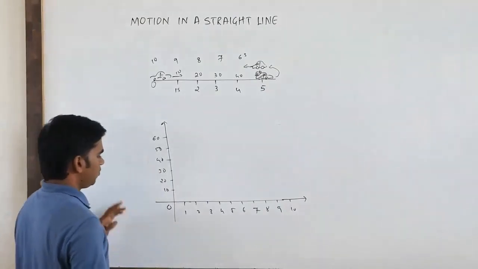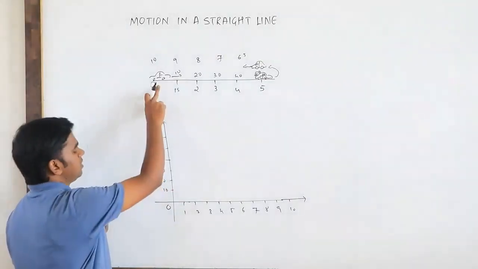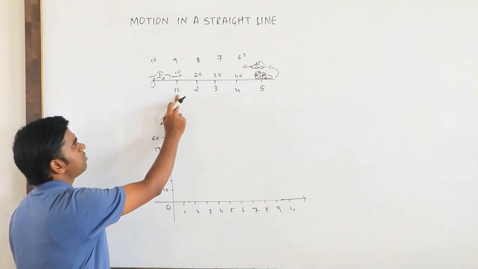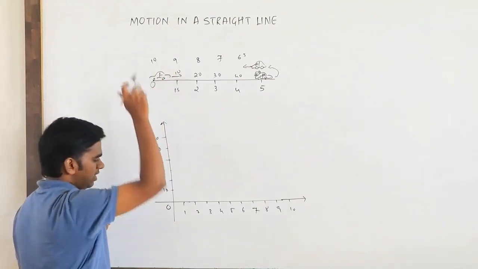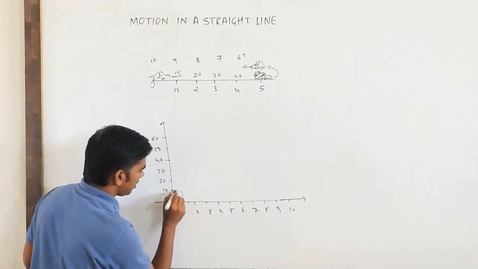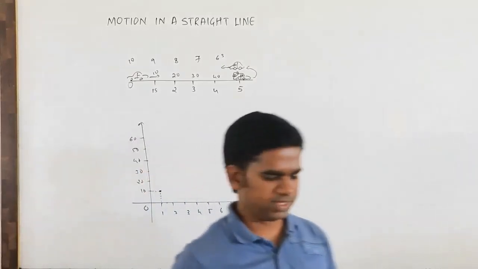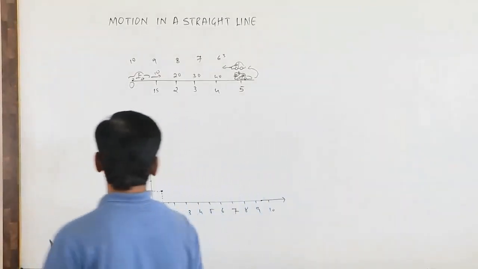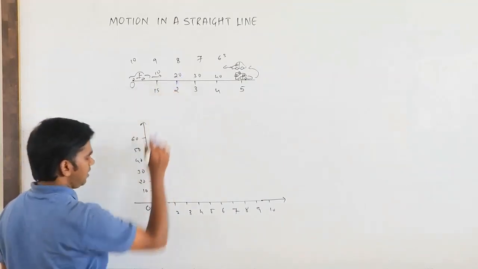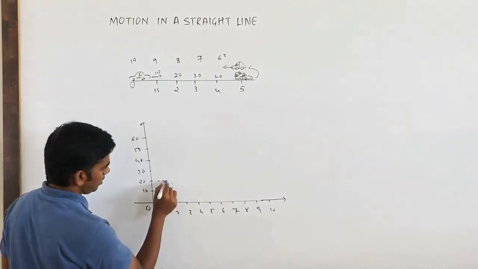Okay, so from the origin, when time is 0, the object is at 0, no problem. When time is 1 second, the object is at 10. So this is the position of the object. Next, when t equals 2 seconds, the object is at 20.